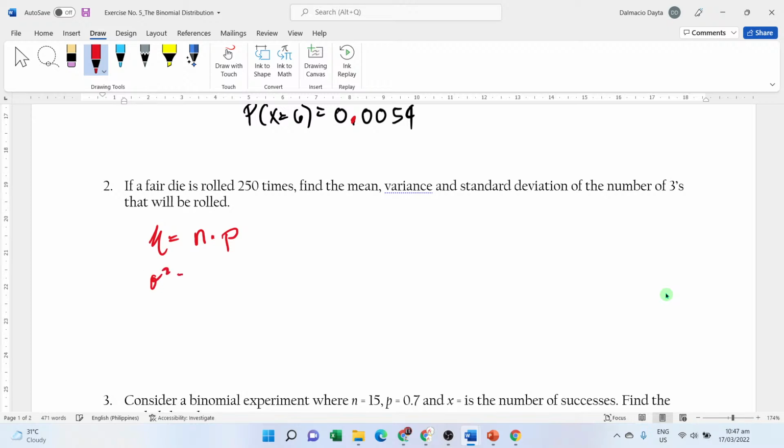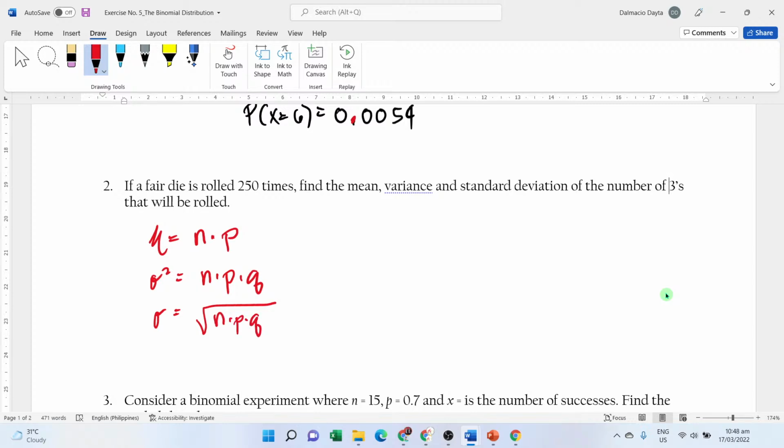The variance is n times p times q. Again, p is the probability of a success, and q is the probability of failure. The standard deviation, of course, is the square root of the variance.